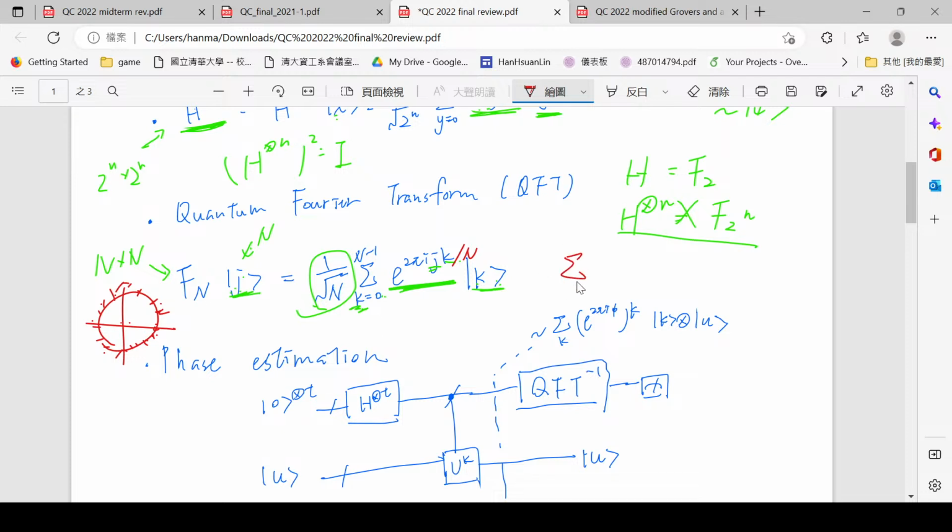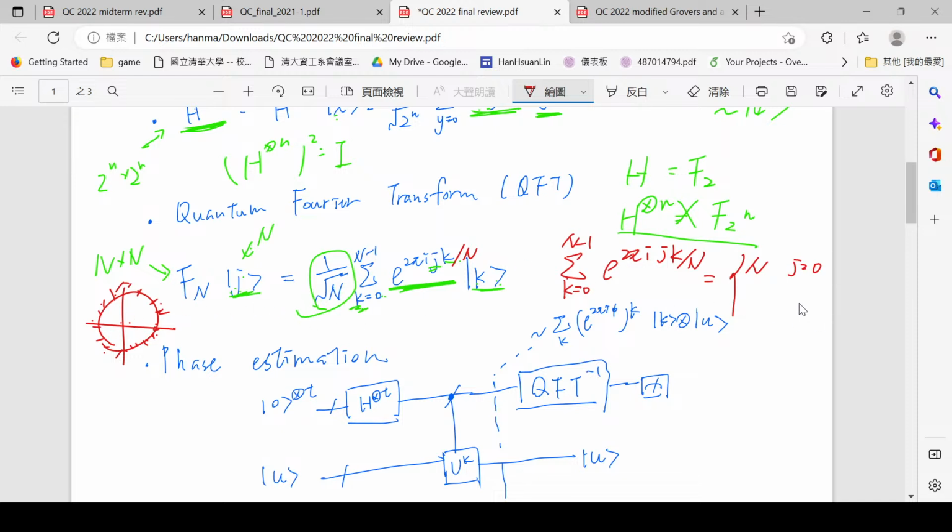And if you write that out in an equation, it should be the sum over k of e to the 2 pi i j k over n, with k from 0 to n minus 1, is equal to two things. If j equals 0, then this is always 1, so you are just adding 1 up n times, so it equals n if j equals 0, that's easy.